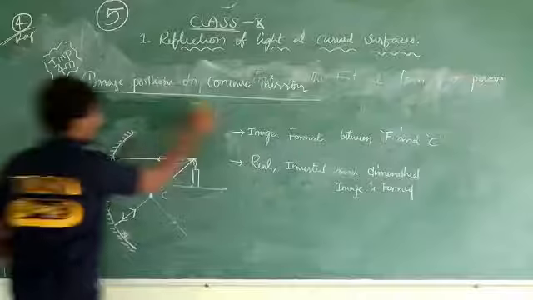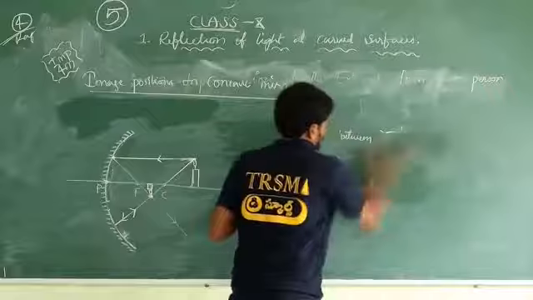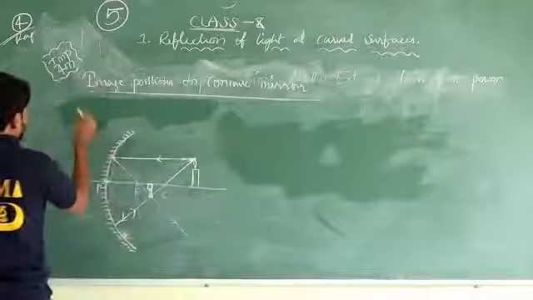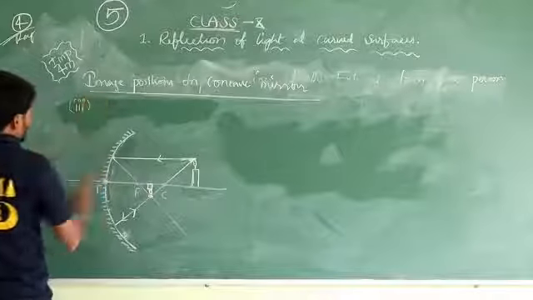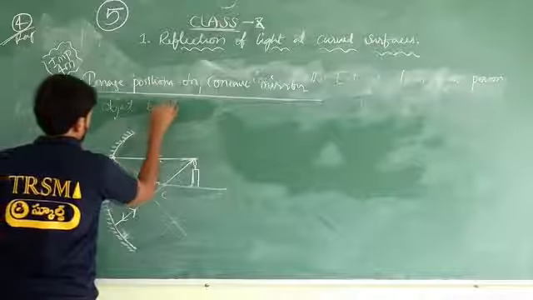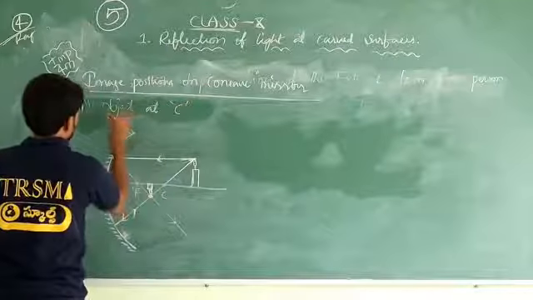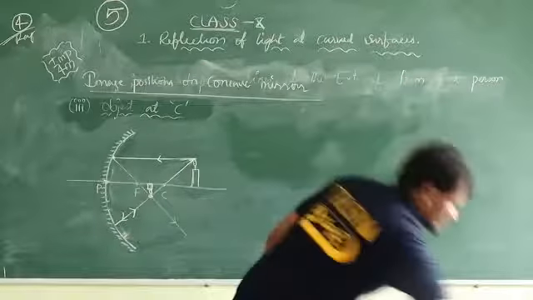Now the next position, the third position: position number 3, object at C. Now I am going to place the object at C.